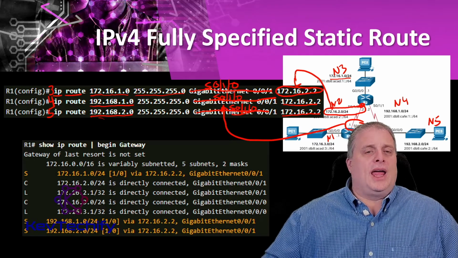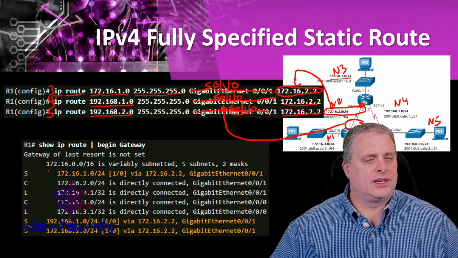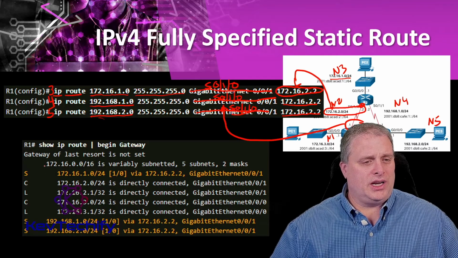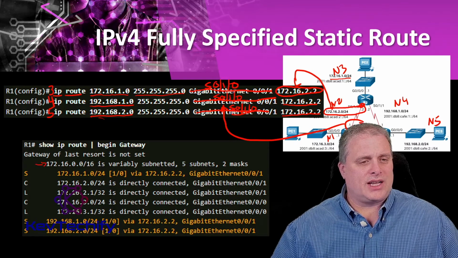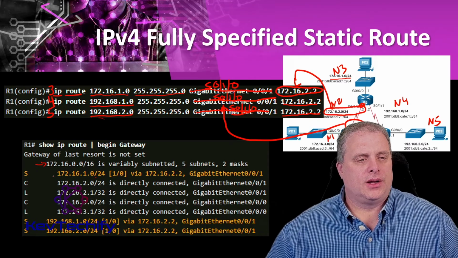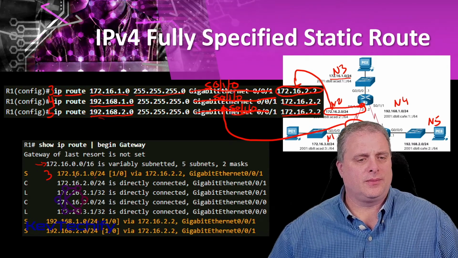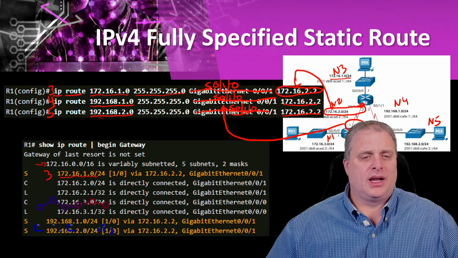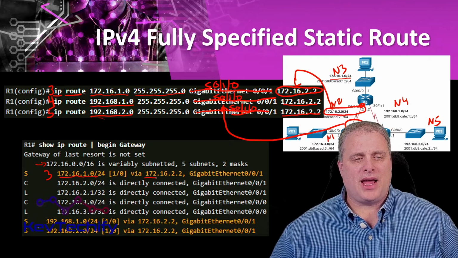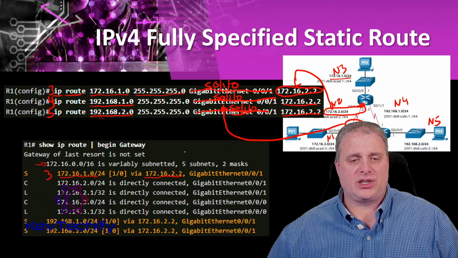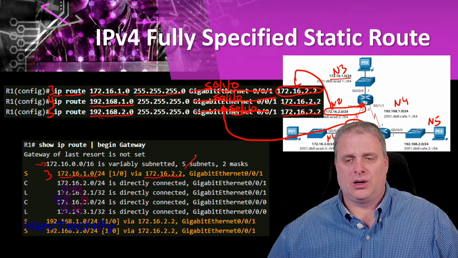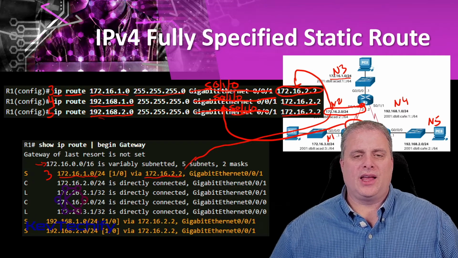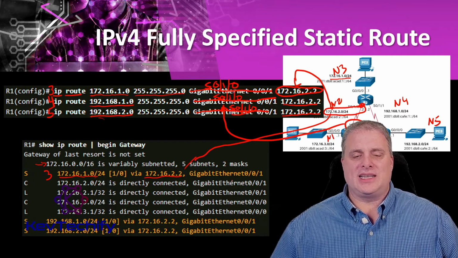When we look at the show ip route output, we can see underneath the parent of 172.16 that network 3 is listed right here, 172.16.1.0. To get there, our next hop IP address is 172.16.2.2, which comes in from here, and then it lists our exit interface.